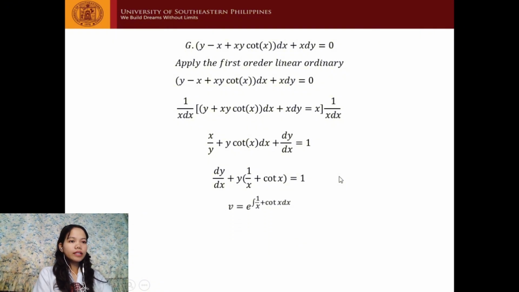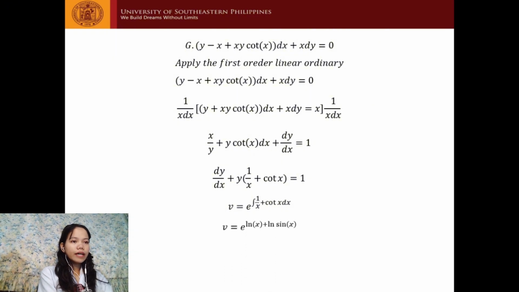And now, we're going to let v be equal to e raised to the power of the integral of 1 over x plus cotangent of x dx. So, the integral of 1 over x is ln of x, and the integral of the cotangent of x is ln of sine x.